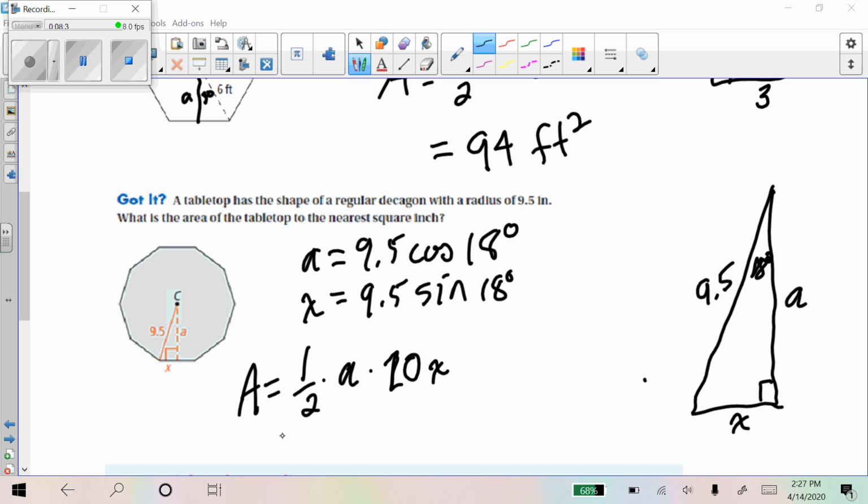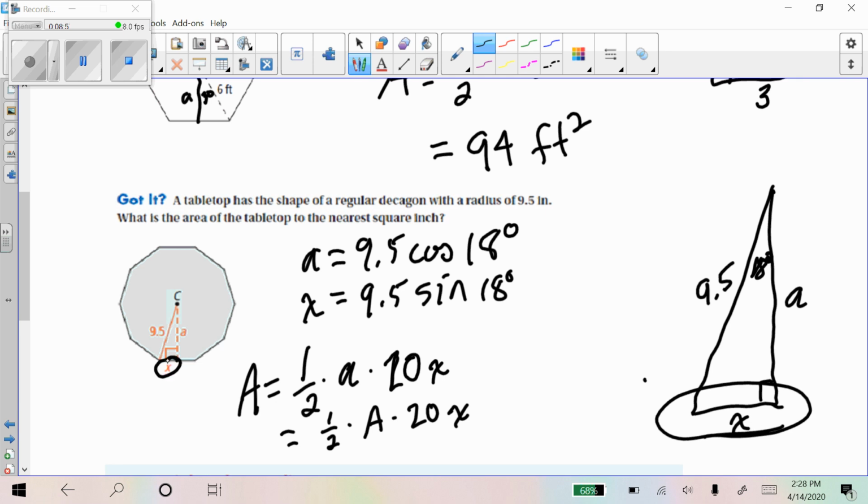Okay, so here's my work, and what I did is I used the letter A on my calculator. It's right above the math there. You have to press the alpha button first. On my calculator, it looked like this: 1/2 times A times 20x. The reason I did 20x is because remember, this part x is just half of one side.